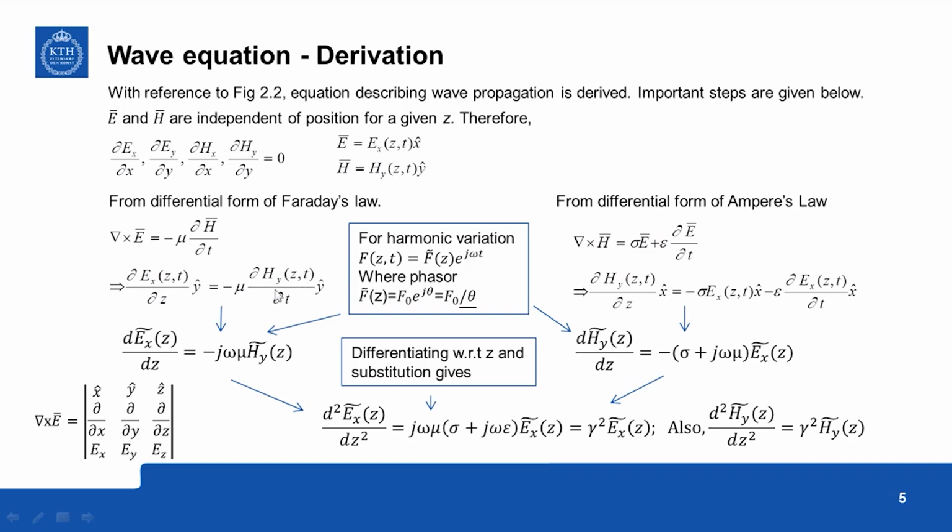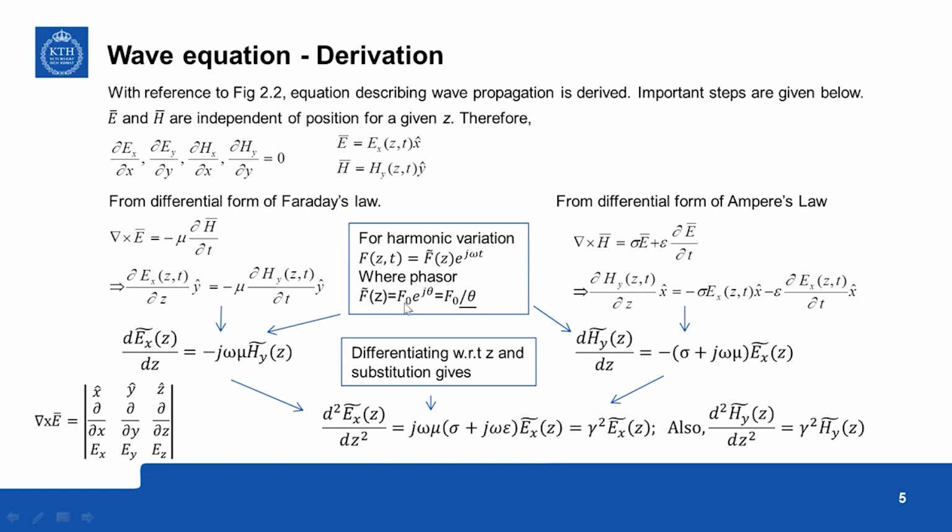Now let us consider the time harmonic variation. So this is a function of space and time. The time variation is in a harmonic, sinusoidal manner, which in the frequency domain is represented by e to the power of j omega t, where omega is the angular frequency, and f with the tilde on top is the phasor.